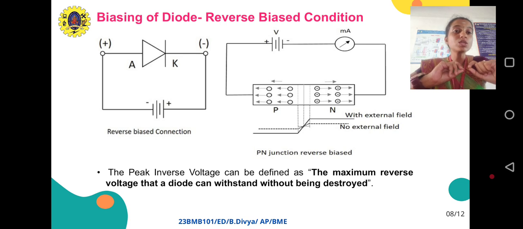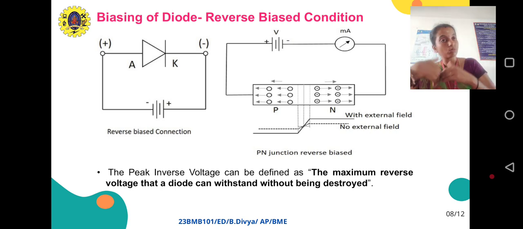Peak inverse voltage can be defined as the maximum reverse voltage that the diode can withstand without being destroyed. The maximum negative voltage that a diode can withstand is called the peak inverse voltage.